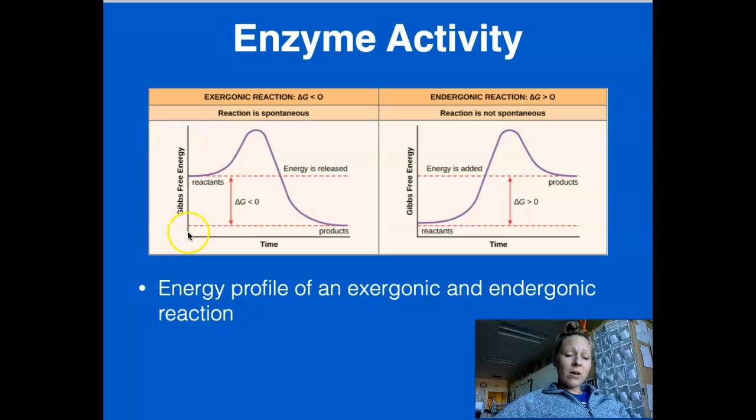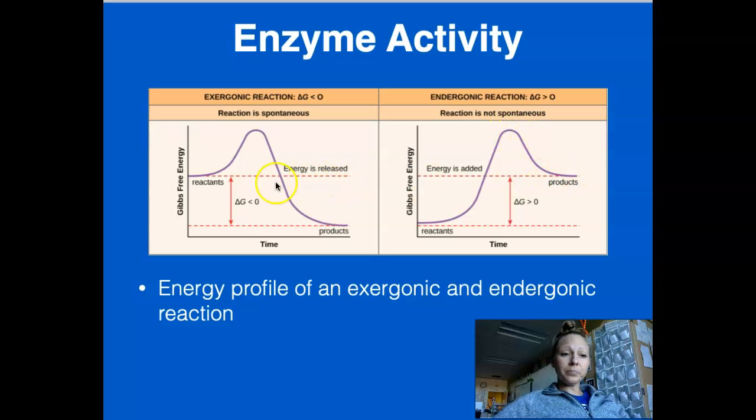This graph gives free energy on the y-axis and time on the x. We know that this is exergonic because the reactants have more energy than the products. So energy is released. Here we know that this is an endergonic reaction because the reactants have less energy than the products. So during this chemical reaction, energy was taken from the environment and the products then have more energy.